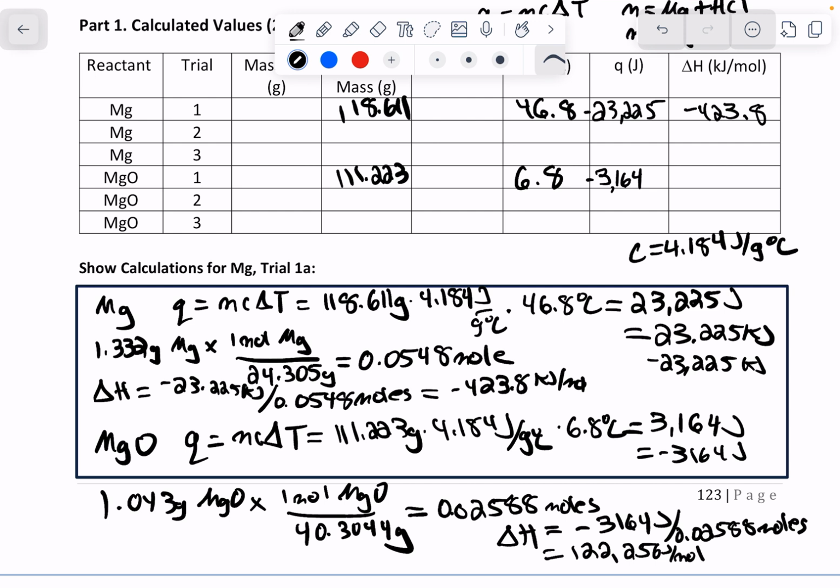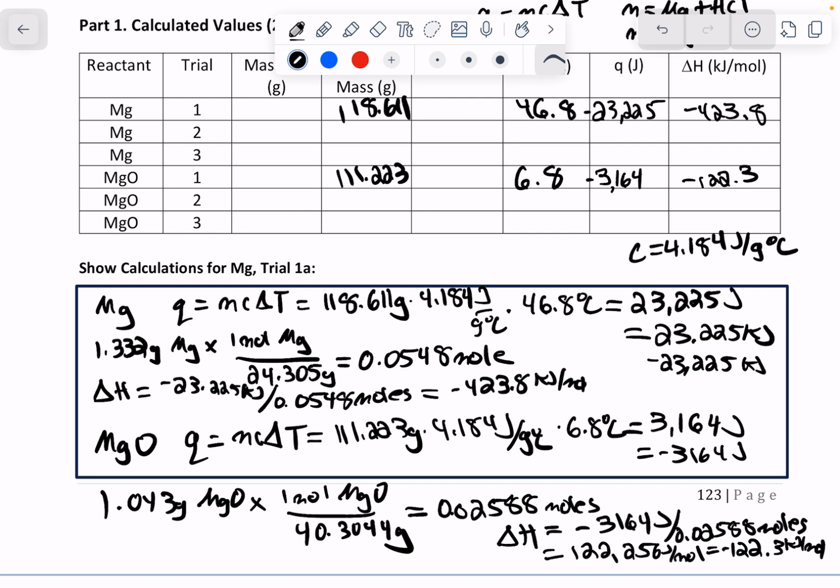I'm going to convert that over, divided by 1,000, and I get an answer of negative 122.3 kilojoules per mole. So this is going to be a negative 122.3. Sorry, I don't need the unit. So that's the data that we have.